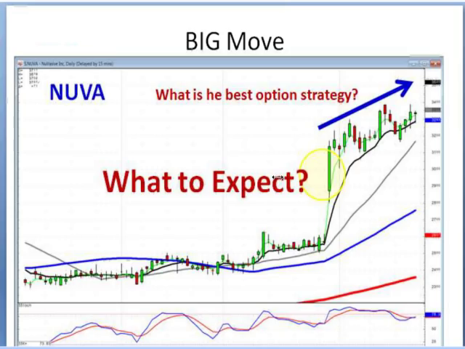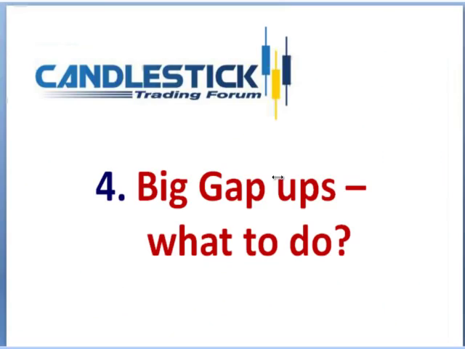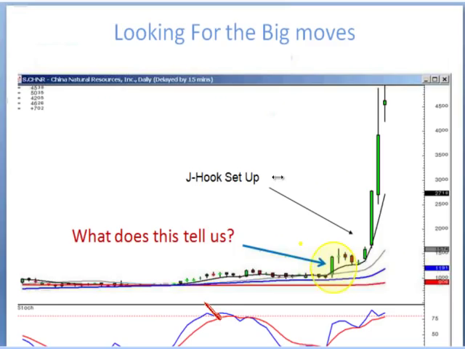So there's a lot of times we want to know what to do on a big breakout. Again, the breakout is telling us there is a new factor in this trading.